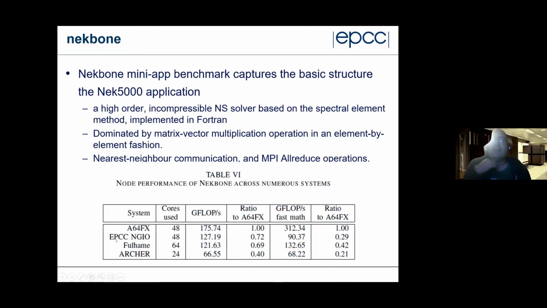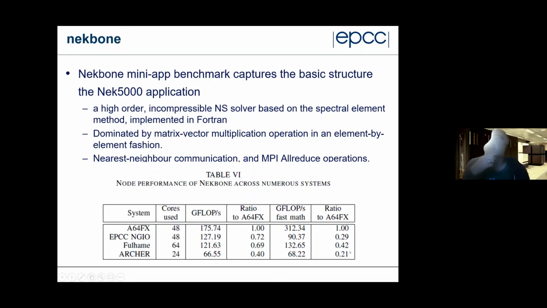We can see from the table at the bottom that out of the box, we're getting considerably better performance on the A64FX than the other equivalent systems: the ThunderX2 one at Fulhame, and the Cascade Lake one, EPCC NGIO. So that's showing great performance out of the box.